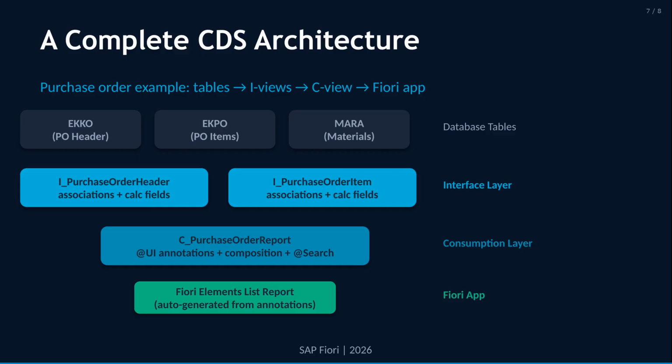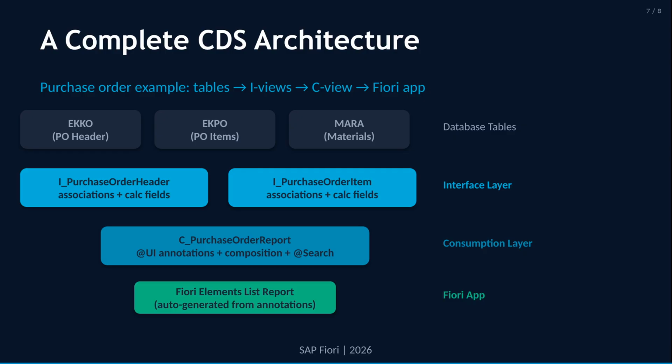Let us see how these pieces fit. Imagine you are building a Fiori Elements list report for purchase orders. At the bottom, you have transparent tables, EKKO for header, EKPO for items, MARA for materials.